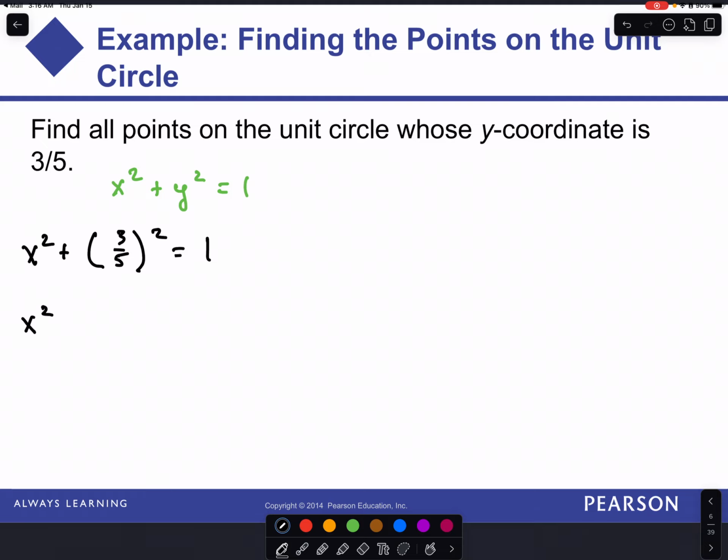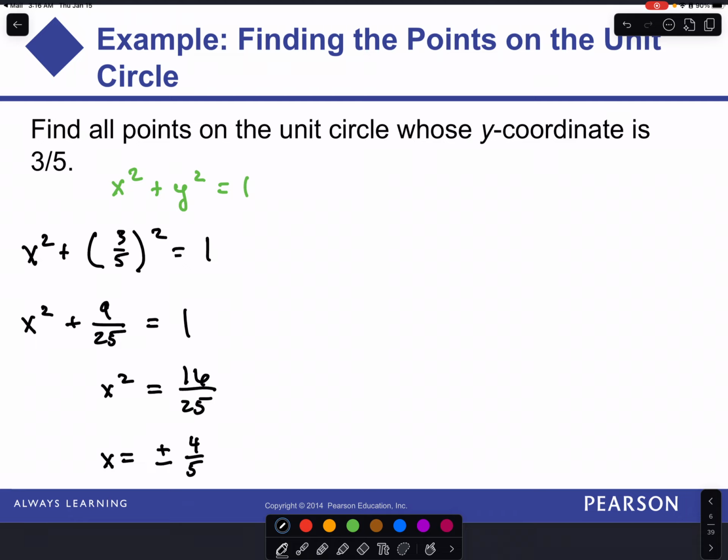So 3/5 squared is 9/25. Subtract the 9/25 from both sides. So 25 minus 9 is 16, and that becomes 16/25. And then when we take the square root on both sides, x equals plus or minus 4/5.